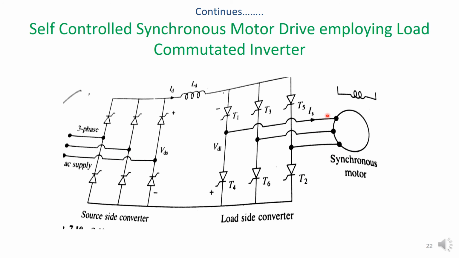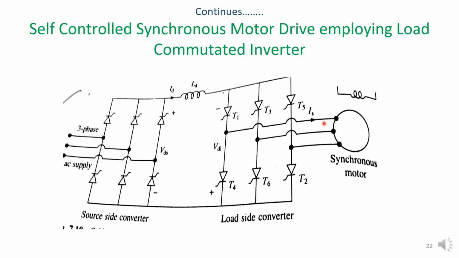So this is applicable to regenerative braking. And this load side converter can be commutated using the induced voltage of the synchronous motor. So it is known as the load commutation.